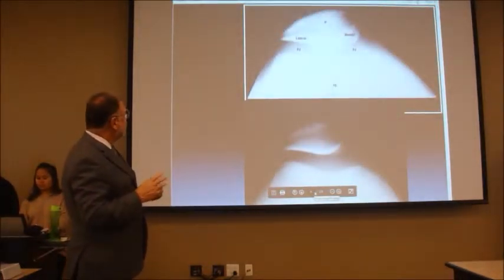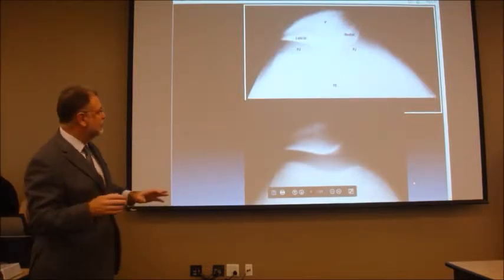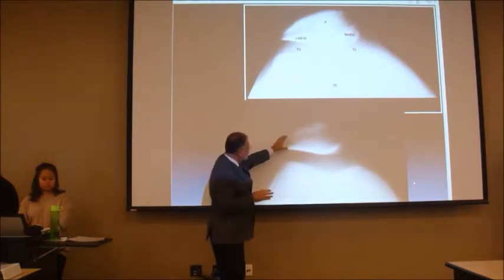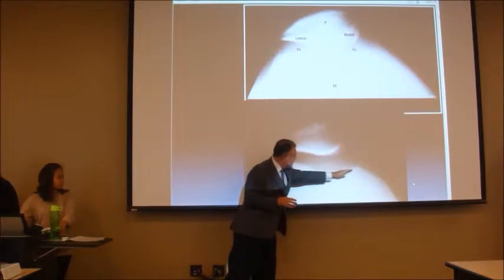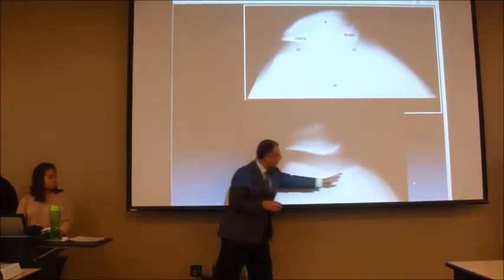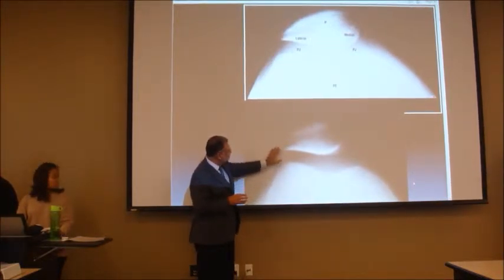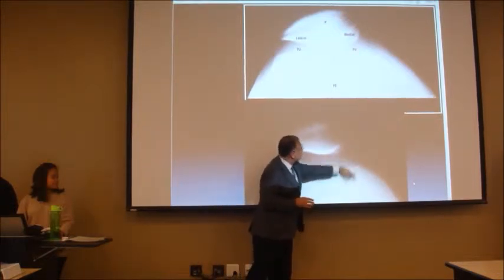The important thing about these two images is that they are called sunrise views. The sunrise view is where the patella is coming on top of the femur, and this is the patellar tract, between the femoral condyles. This is the lateral side. This is where the lateral retinaculum is. This is the medial side.